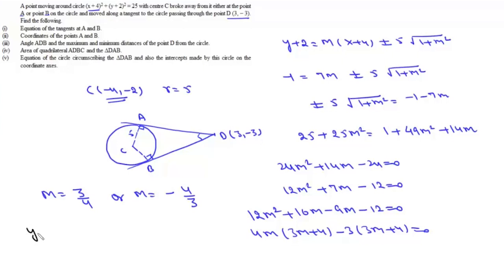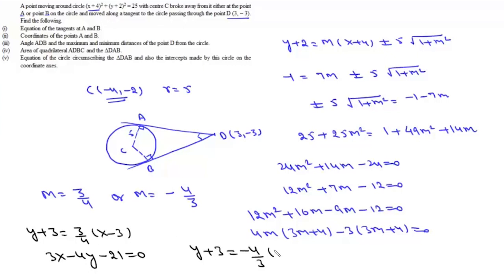So one of the equations will be y plus 3 equals 3 by 4 times x minus 3, which is 3x minus 4y minus 21 equals 0, and the other one will be y plus 3 equals minus 4 by 3 times x minus 3, which is 4x plus 3y minus 3 equals 0.